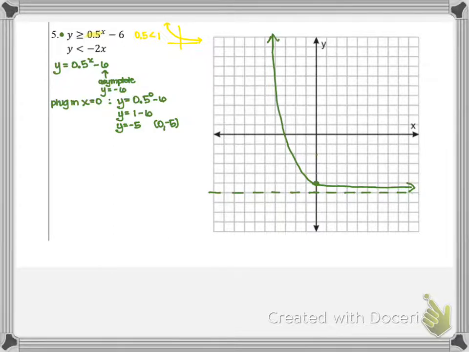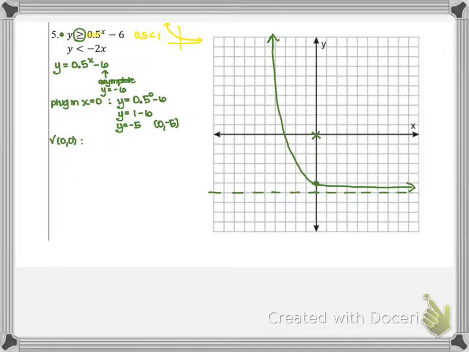Okay, now I'm going to go back up to the inequality. And it's supposed to be solid anyway. So now at this point, I still need to test a point. Okay, (0, 0) is definitely not on that curve. So I'm going to plug (0, 0) back in and see which way I'm supposed to shade.